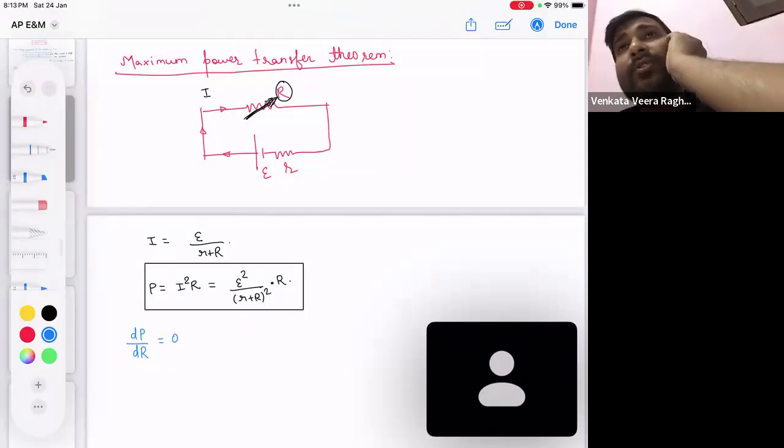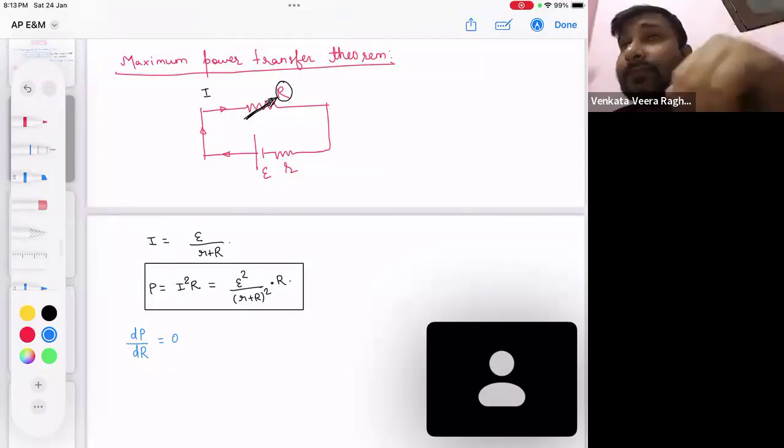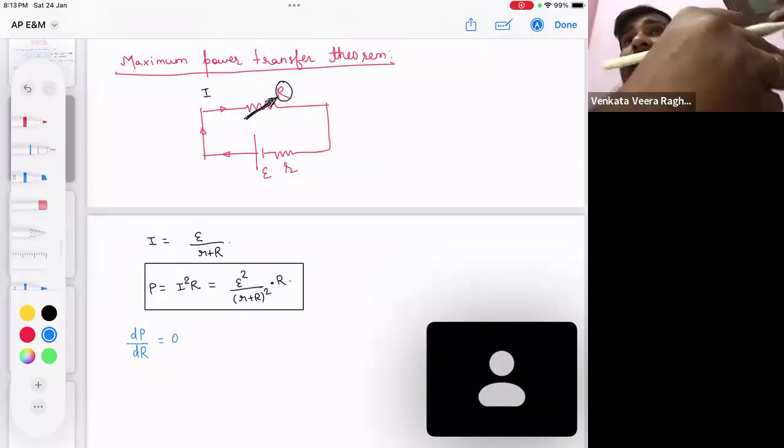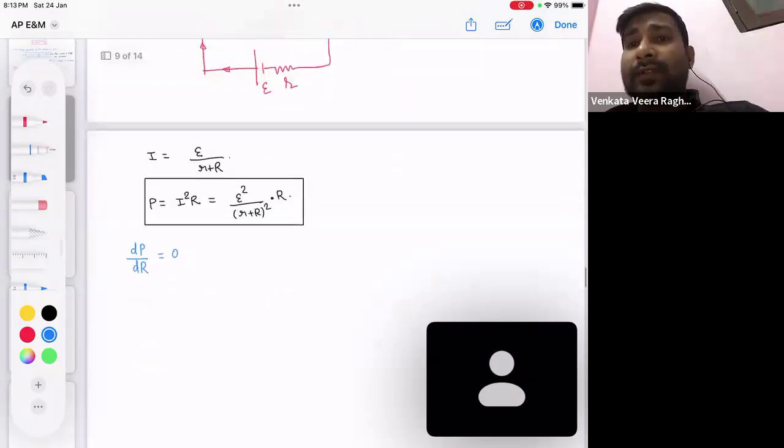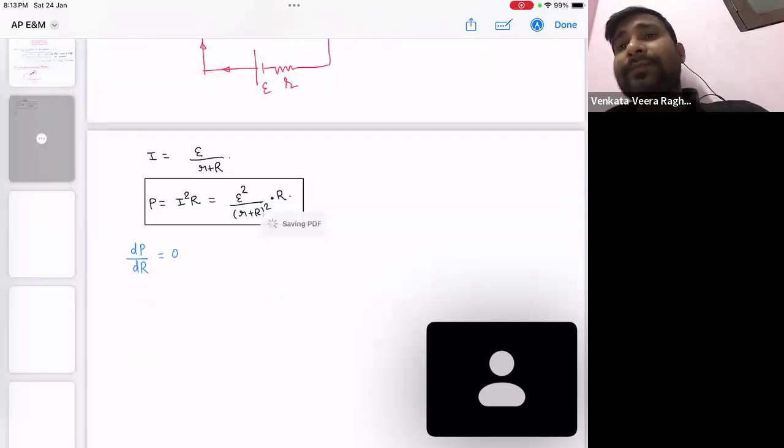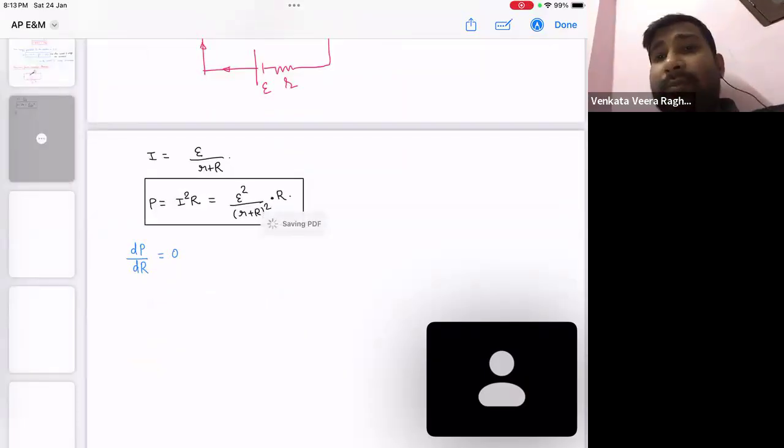If you want anything to become maximum, the first derivative of that function should be 0, and the second derivative should be negative. So let's find dP by dR and make that equal to 0.